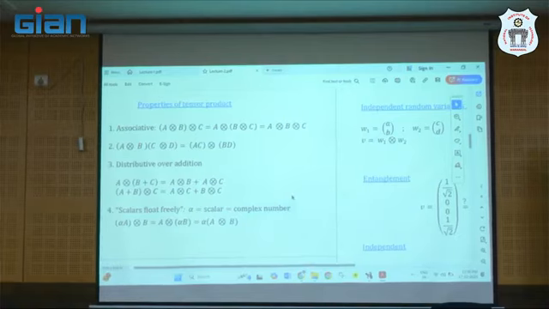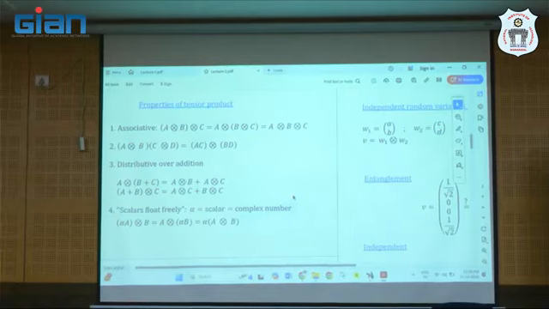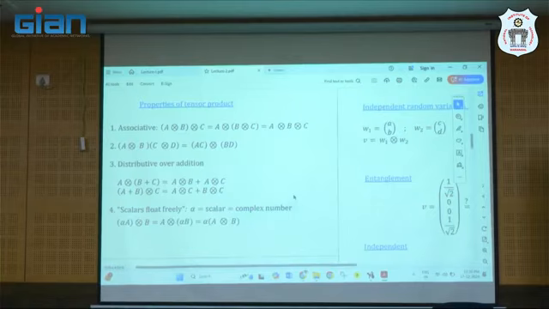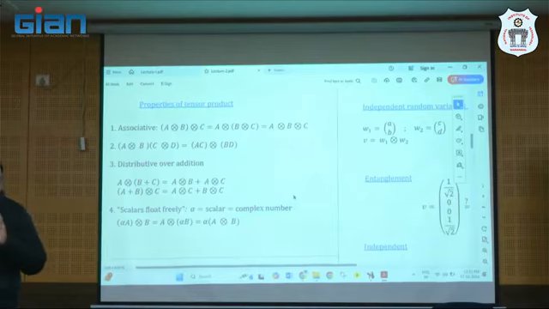First I tensor A and B, then I tensor C from the right, is the same as first I tensor B and C, then I tensor A from the left. Agreed? Therefore, wherever we put the bracket doesn't matter, we just remove the bracket.